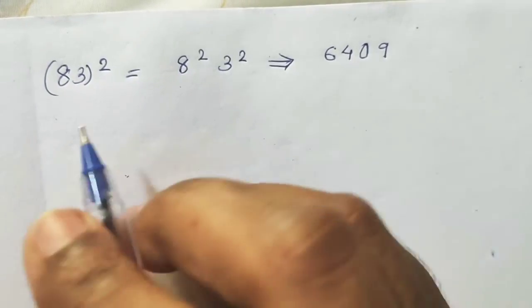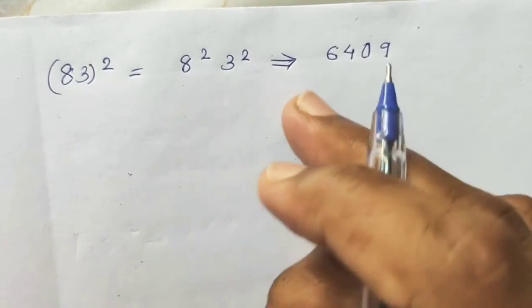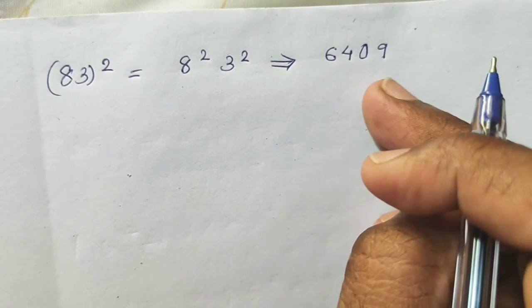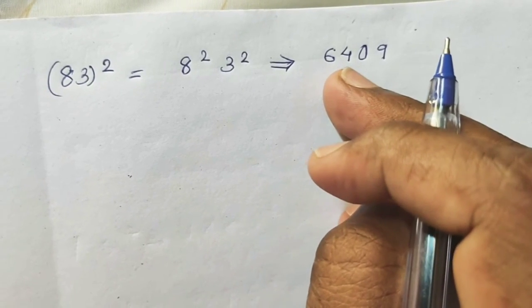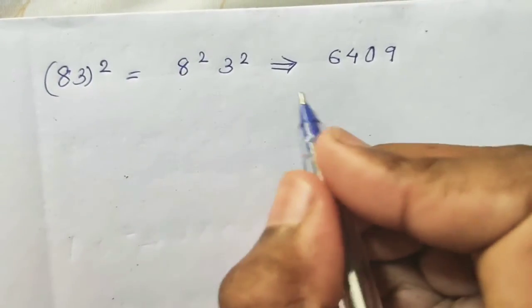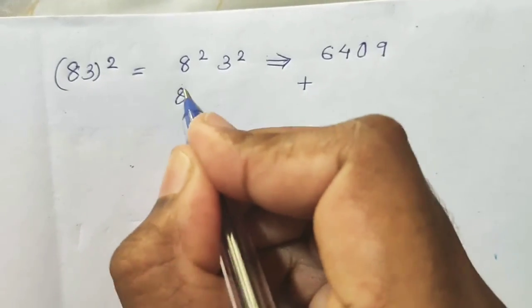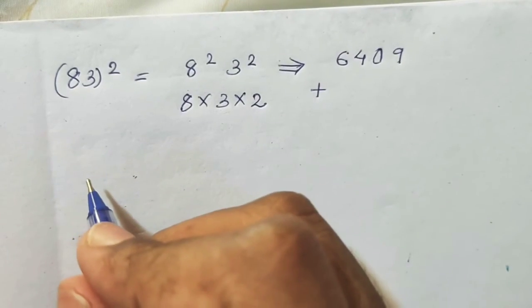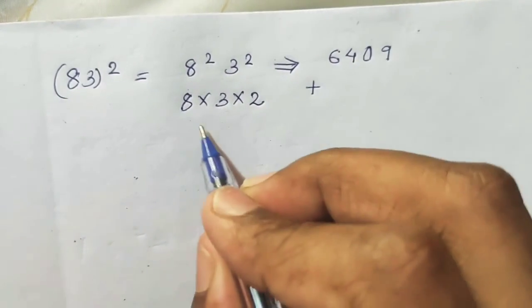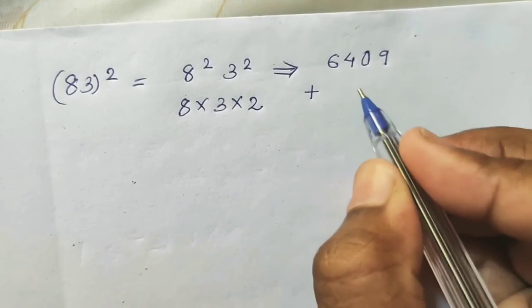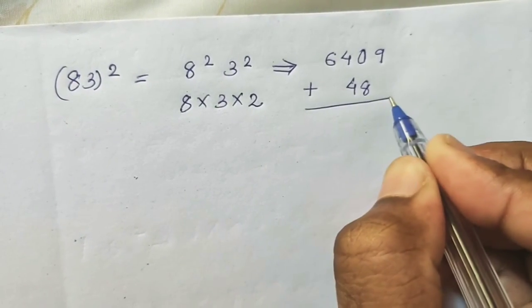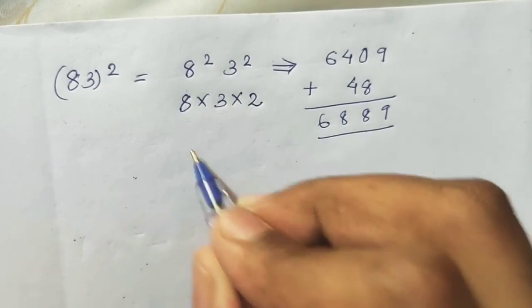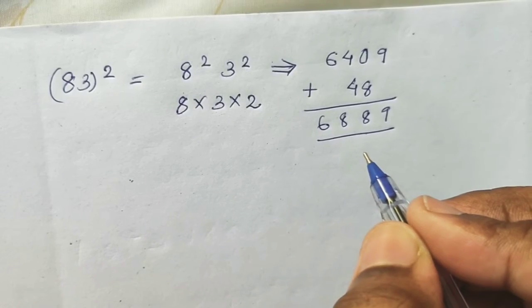Whatever the digit may be, if its square is coming as a single digit, then we have to add 0 in front. Okay, then we have to do 8 into 3 into 2 as the process we have done before. Then we have to do multiplication. What is the multiplication of this? It's 48. Then the answer is 6889. So 83 square is 6889.